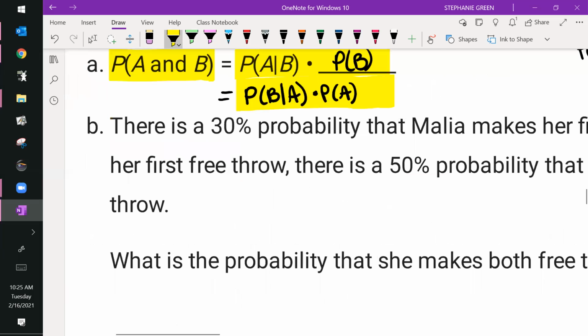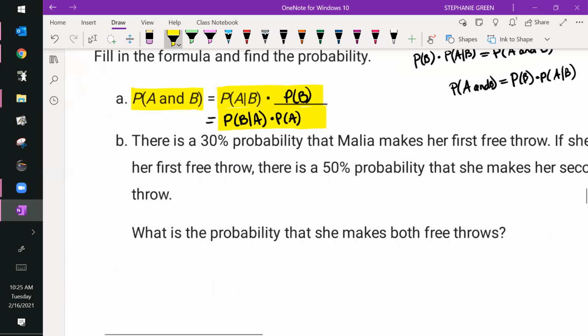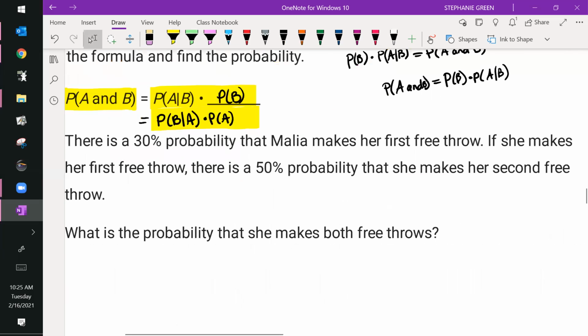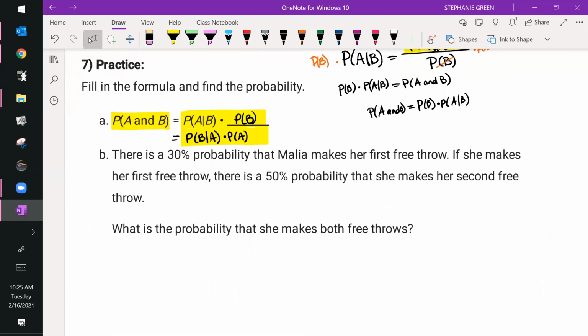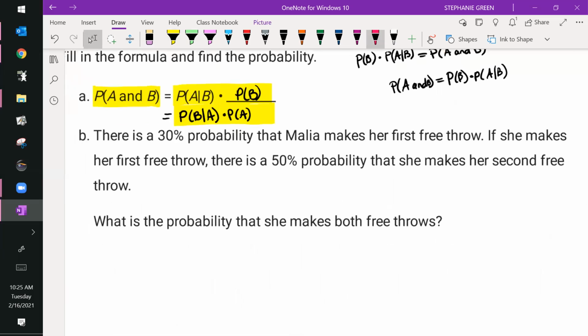There's a 30% probability that Malia makes her first free throw. If she makes her first free throw, there's a 50% probability that she will make her second free throw. What is the probability that she makes both free throws? So let's look at what we got. The 30%, what is that?